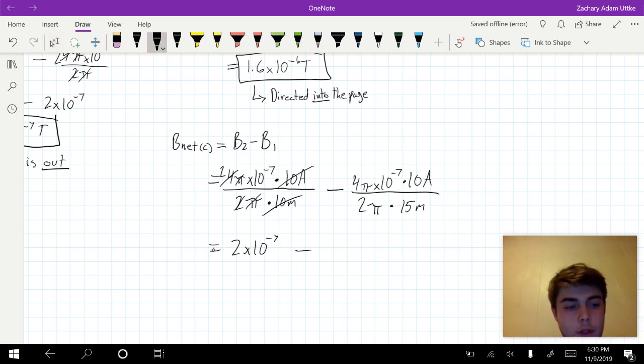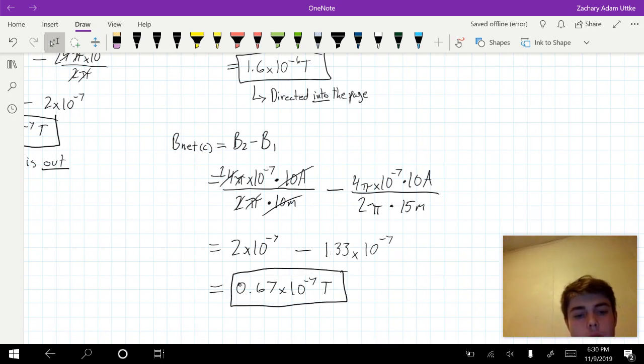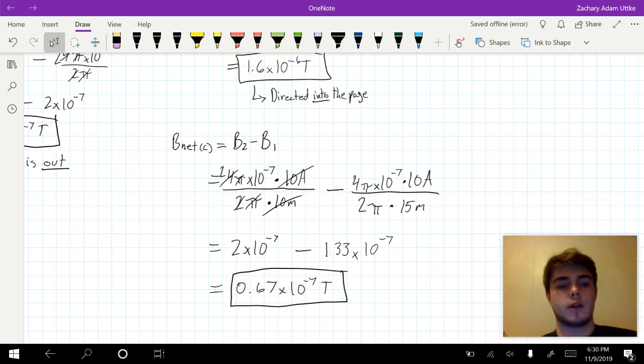So I get a pretty small value, 1.33 times 10 to the negative 7th. So 2 minus 1.33 is going to be 0.67 times 10 to the negative 7th Teslas. So that is our answer. That is the strength of the net magnetic field at point C.